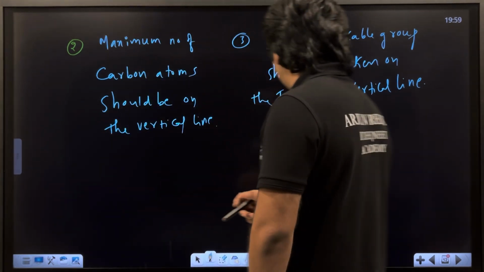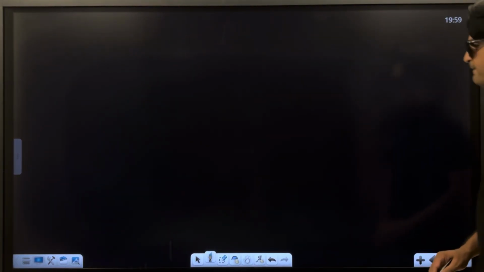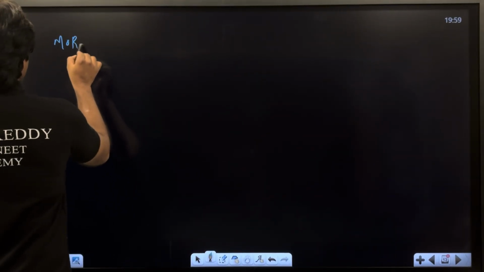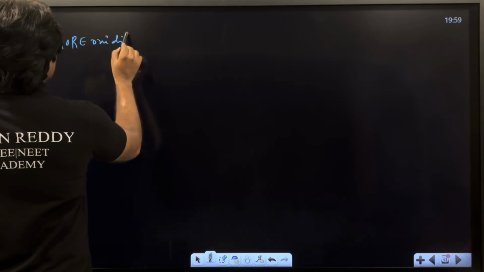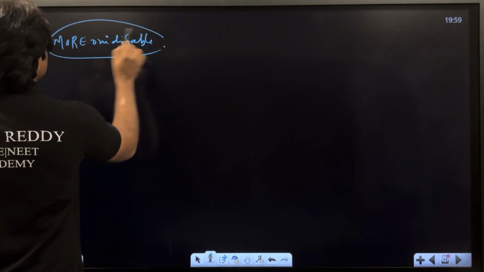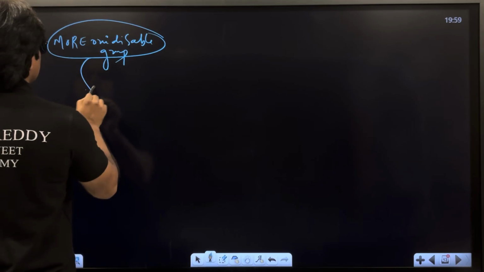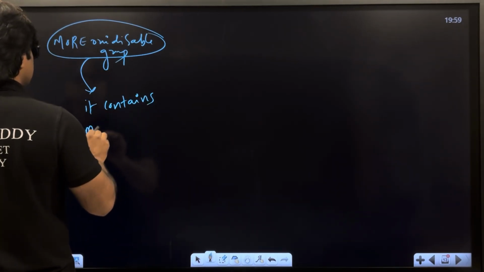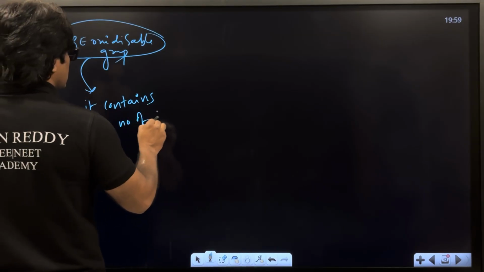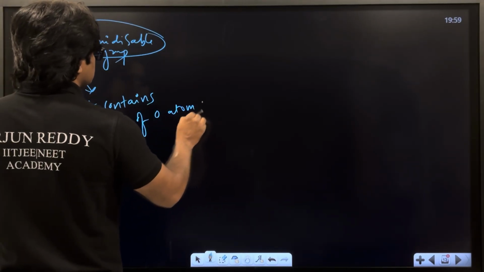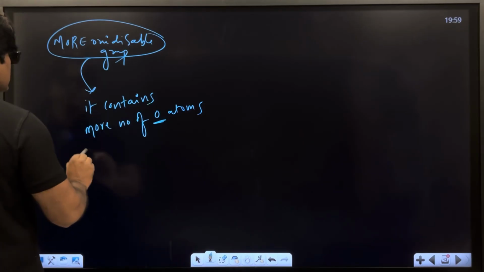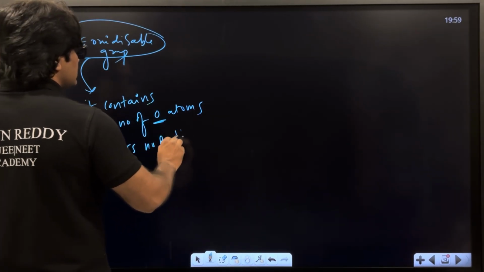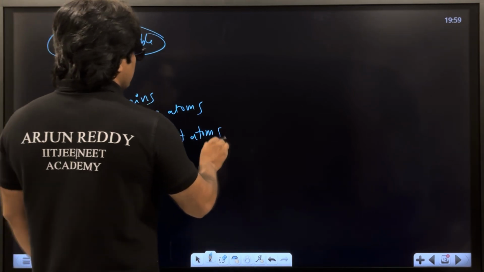What is the meaning of more oxidizable group? Write this point: a more oxidizable group contains more number of oxygen atoms, O standing for oxygen, and less number of hydrogen atoms.